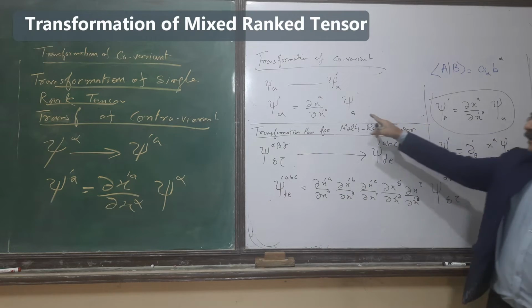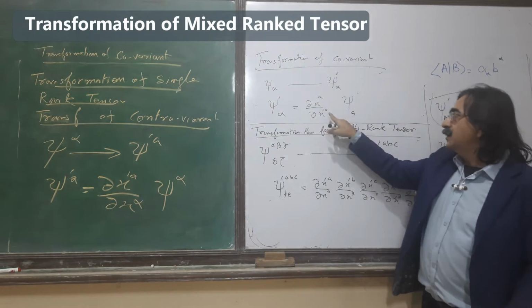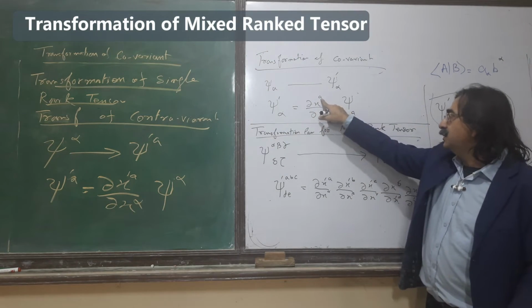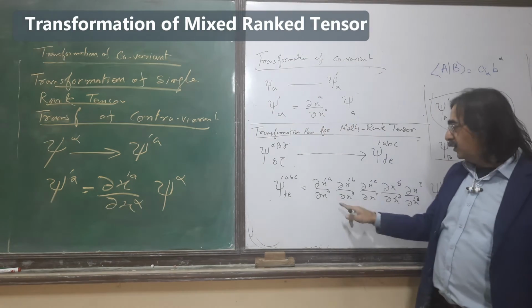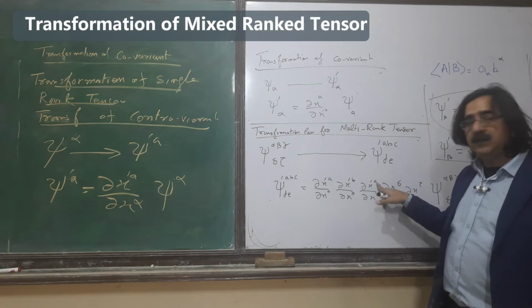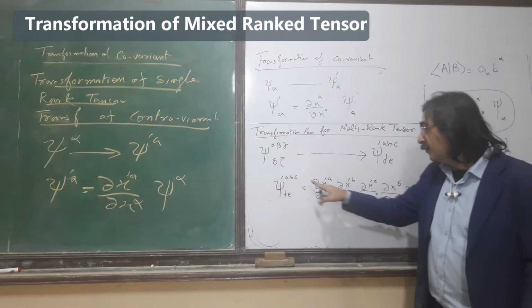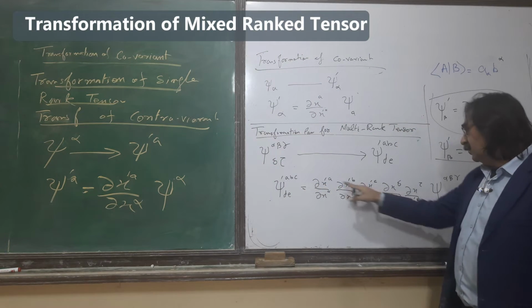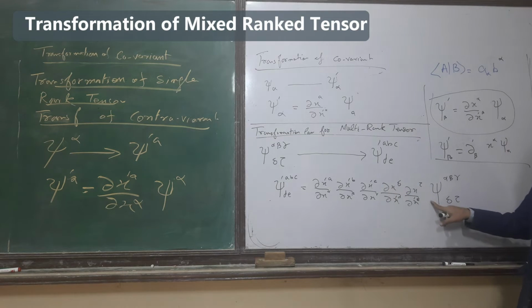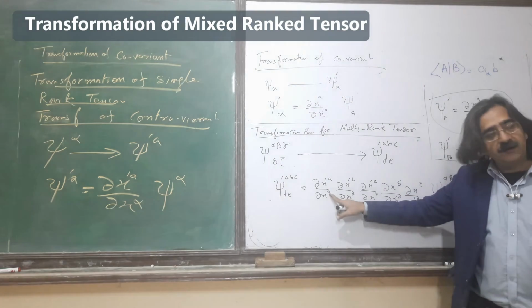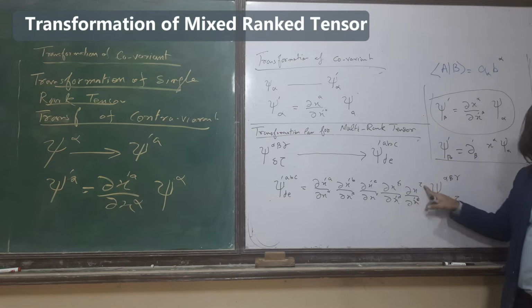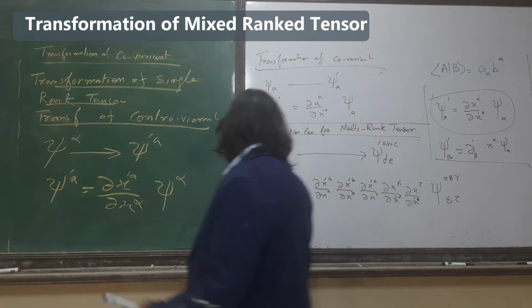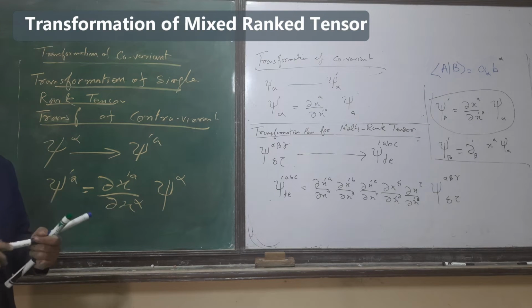I have already explained that: this will be contracted with this, and if this is a subscript, then in the denominator it will become that. So again, A, B, C in the numerator, and D, E after A, B, C. Similarly, alpha, beta, gamma are superscripts here, so they will become denominators, and this is a subscript, so this will be a superscript. So this is the transformation law of a multi-rank or mixed rank tensor.